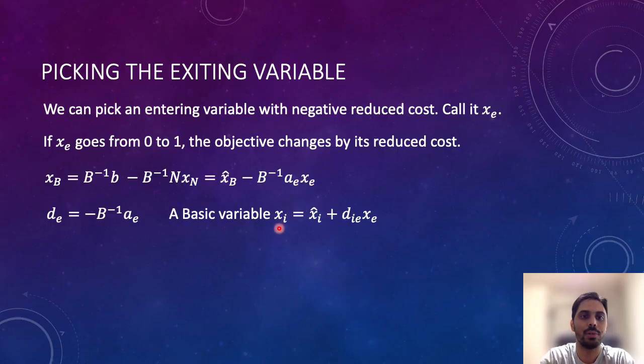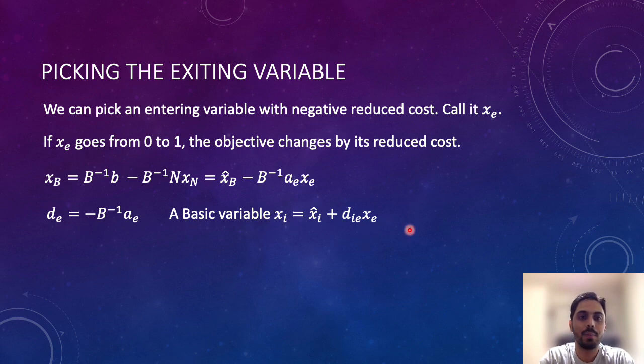For a particular ith basic variable xi, it will be x hat i plus di times xe. We are now strictly looking at a single basic variable, so we only care about the ith component of de, which is di.